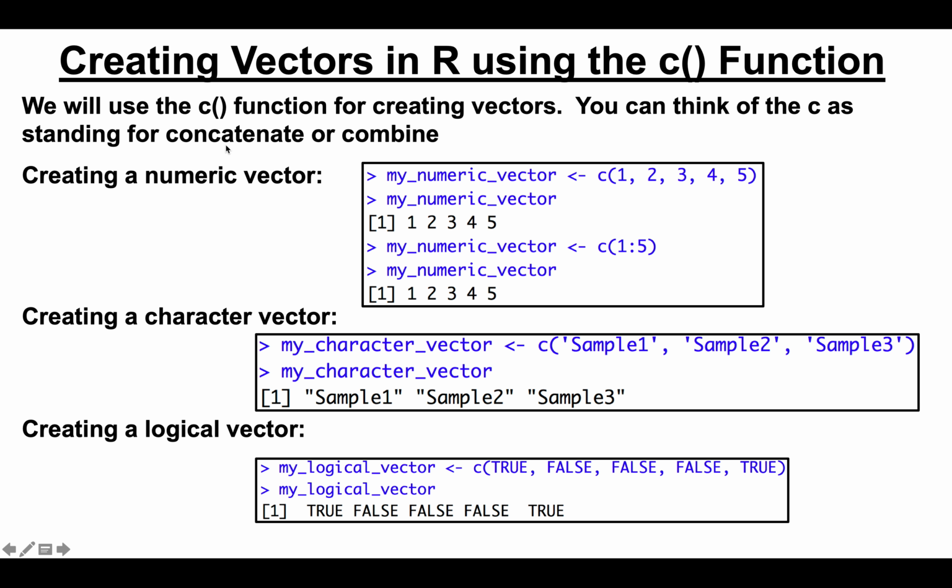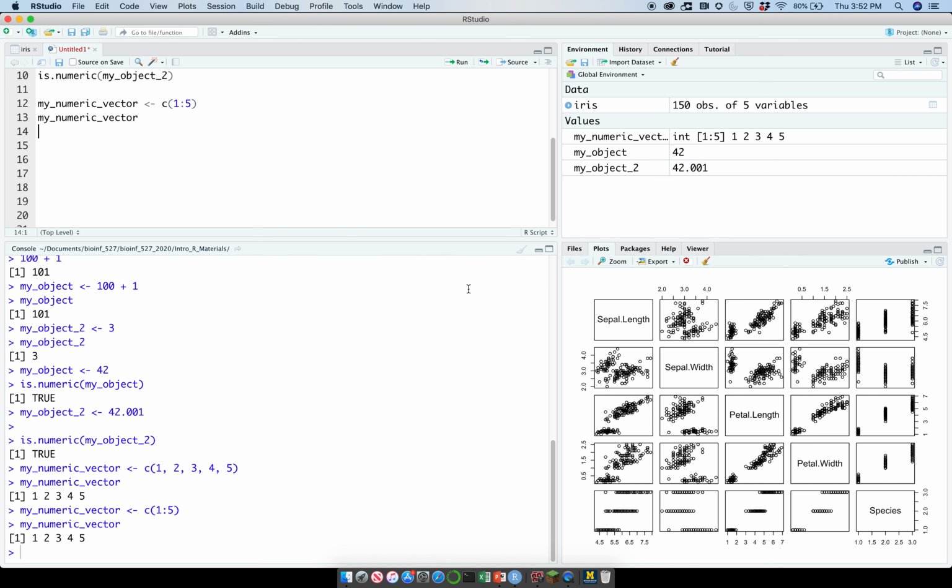And we can do the same for character data. If we want to create a character vector, we would just call this C function again, and then feed in some character data. We can do that very easily by saying my character vector, and assigning to that, in this case, sample 1, sample 2, and sample 3.